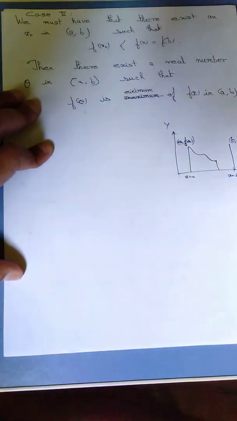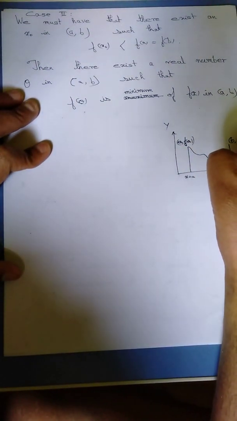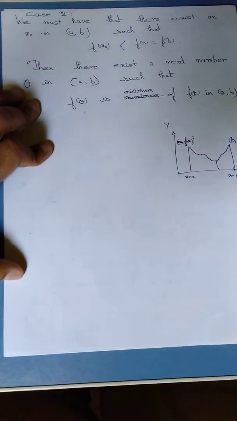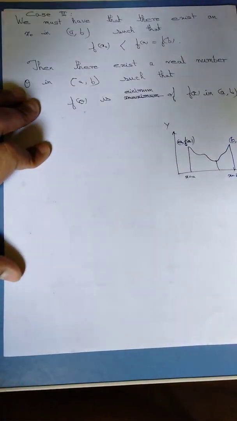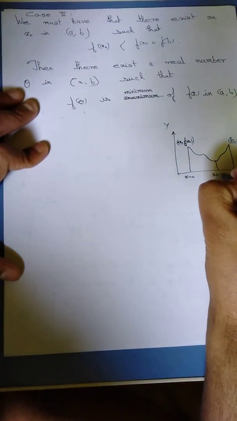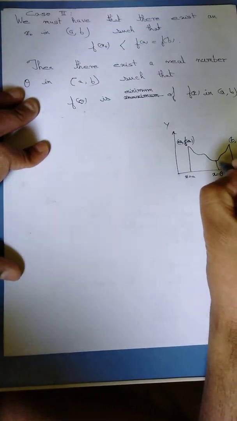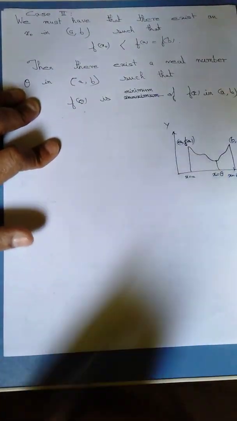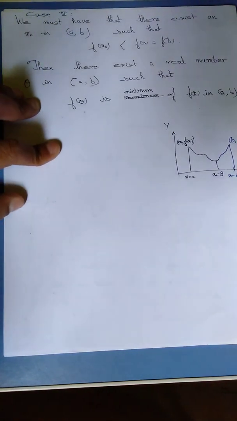The function takes the least value, then again it jumps. It may fluctuate, but it acquires the least value. So coming to x equal to theta, f(theta) is the least. f(theta) is the minimum of f(x) in the open interval (a, b).